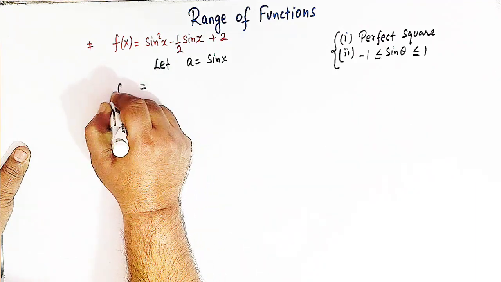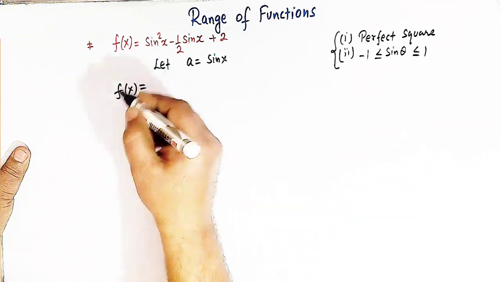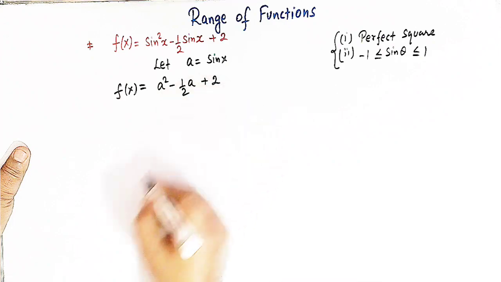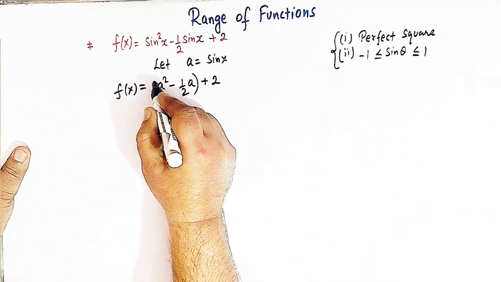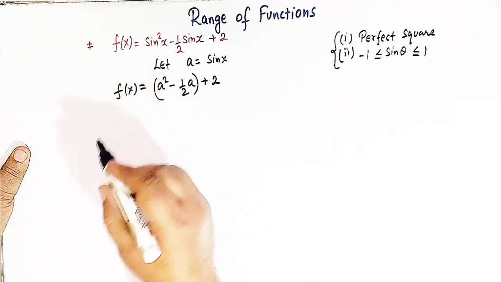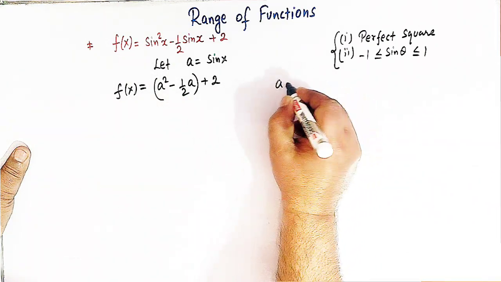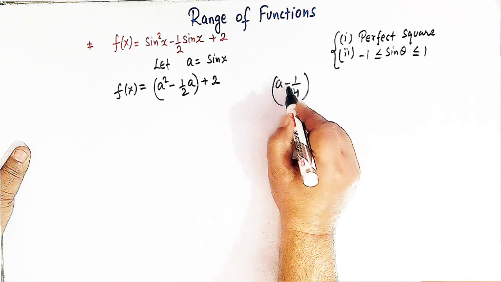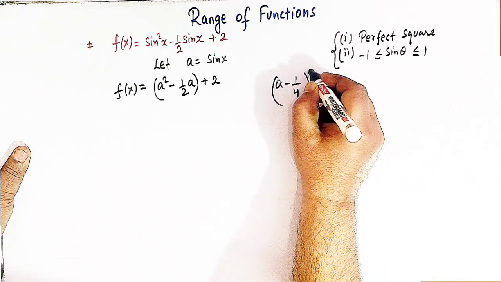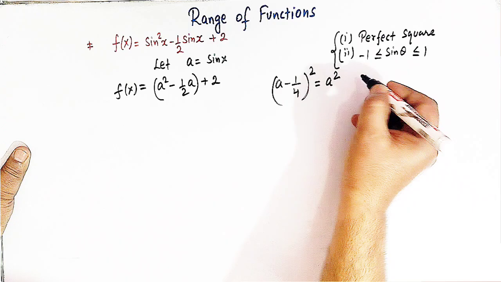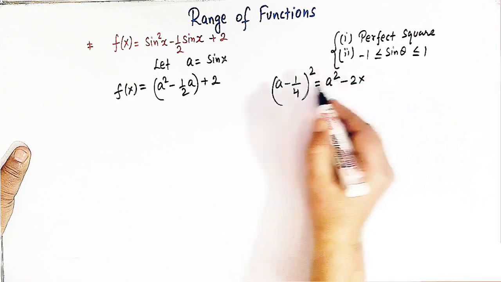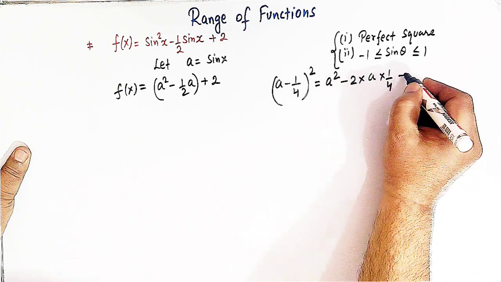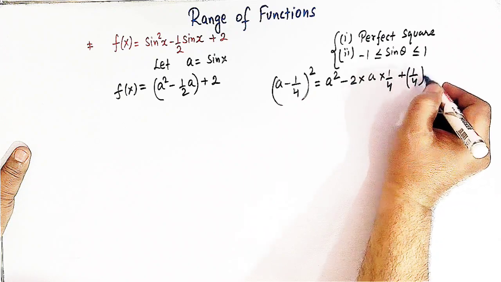Then f of x may be written in a simple way, that is a square minus half a plus 2. Now if we consider this binomial a minus 1 over 4 whole square, then we have a square, then minus 2ab, that is 2 times a times 1 over 4, and here we have 1 over 4 square.